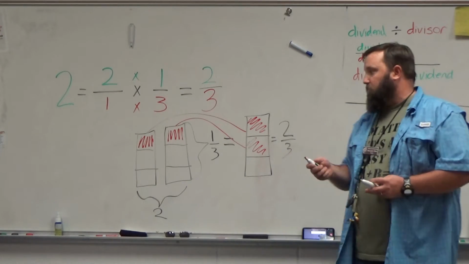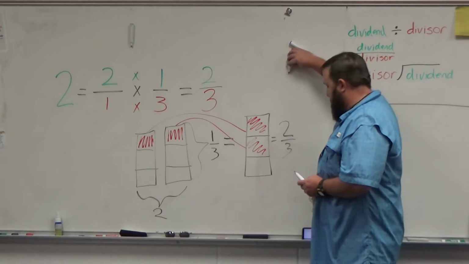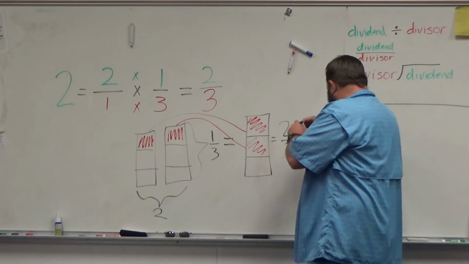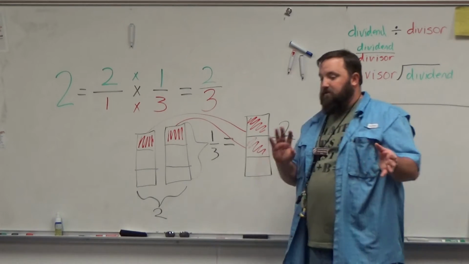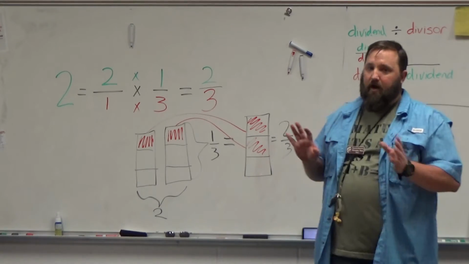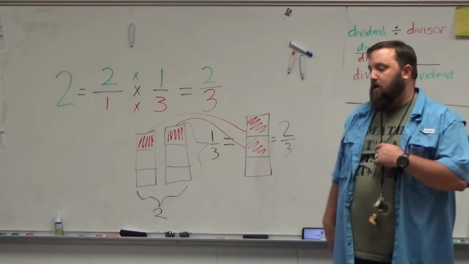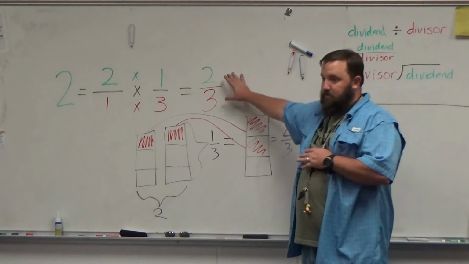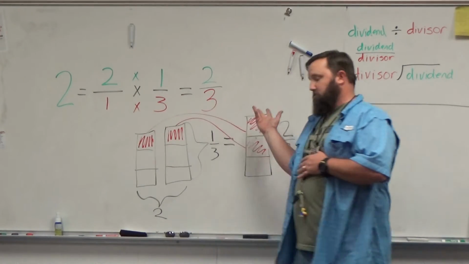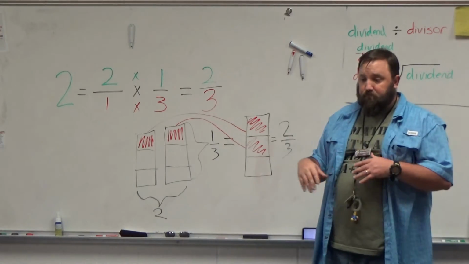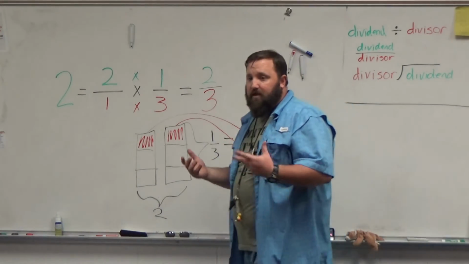Now, some of the larger ones on the homework won't be that way. You're not going to want to write out 20 of these things. It's a lot simpler to just use our standard algorithm and come across. 2 times 1 is 2, 1 times 3 is 3. For the most part, that's how we're going to do it.